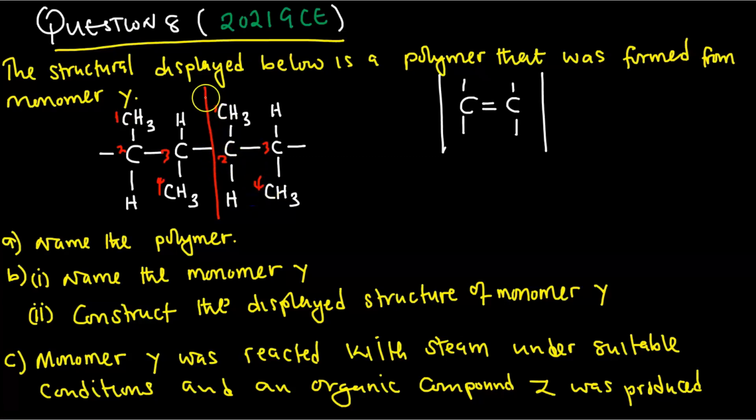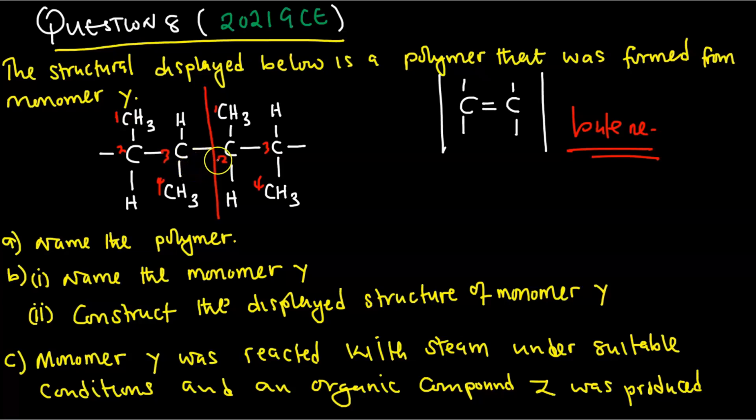When you cut it into 2 carbons in the long horizontal chain, you are going to discover which monomer it is coming from. Look at this: 4 carbons, what monomer is that? That is called butene. Butene is the monomer from which these were formed.